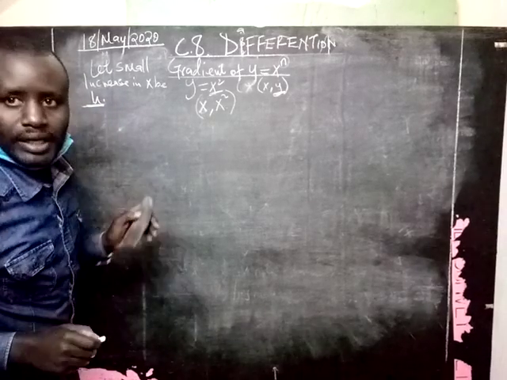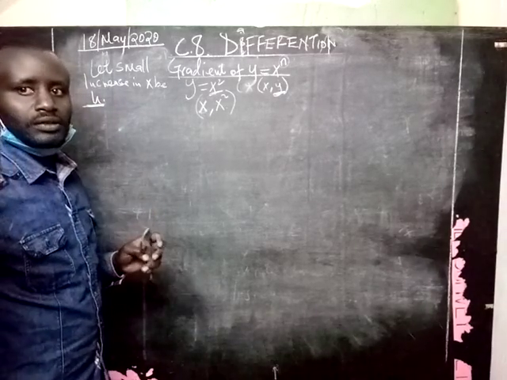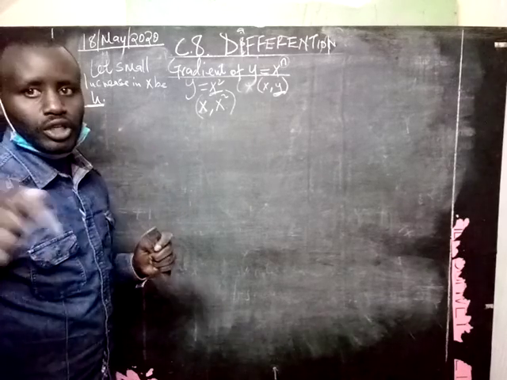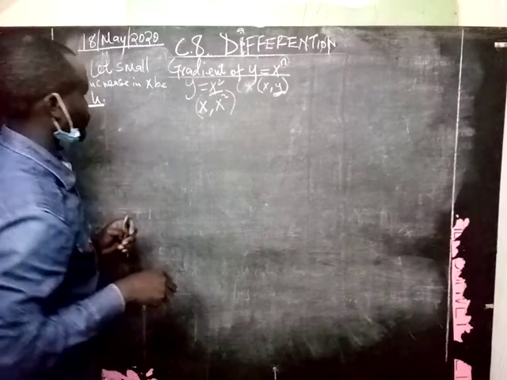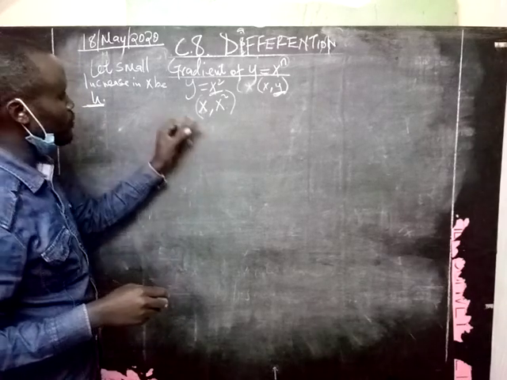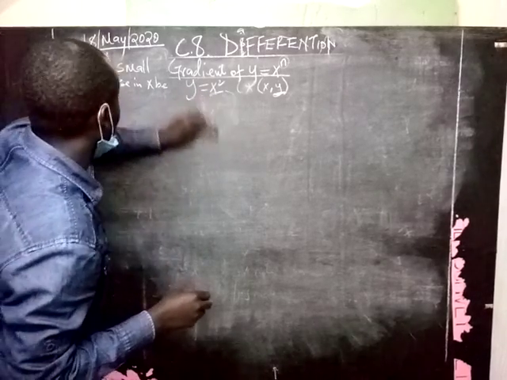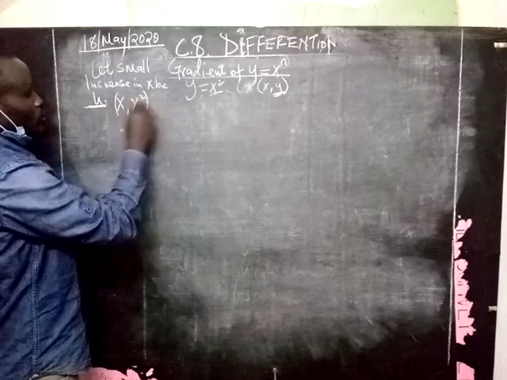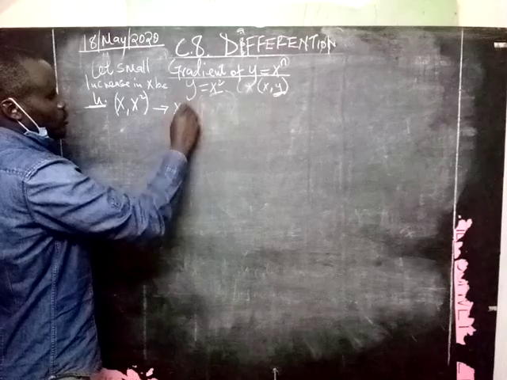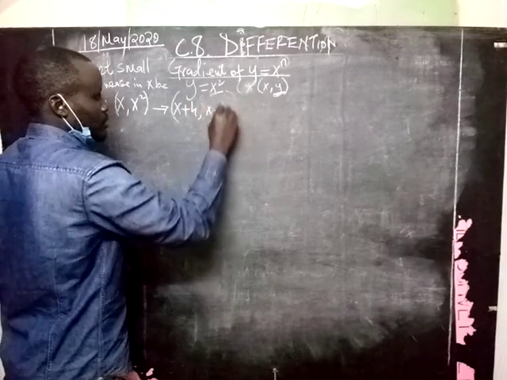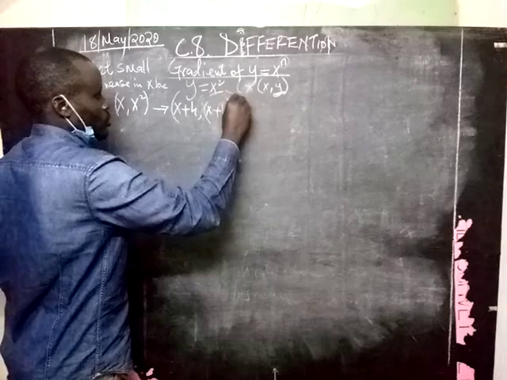So we are going to let a small increase in value of x coordinates to be h. So our new coordinates, this is our previous coordinates where we had x to x squared. It's going now to move to x plus h to x plus h squared.